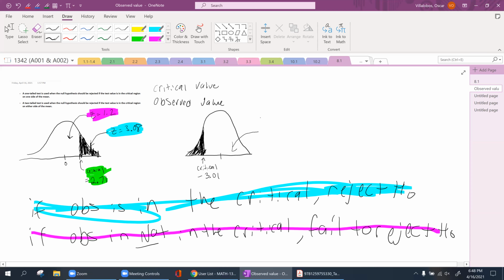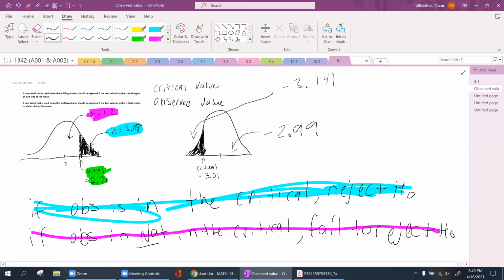Give me an observed value that's not in the critical region, so not in that shaded area. That could be negative 2.99. It's not in that critical region. And a value that is in the critical region would be something like negative 3.141.